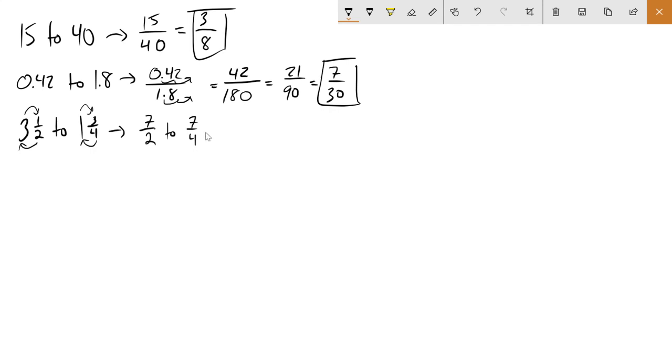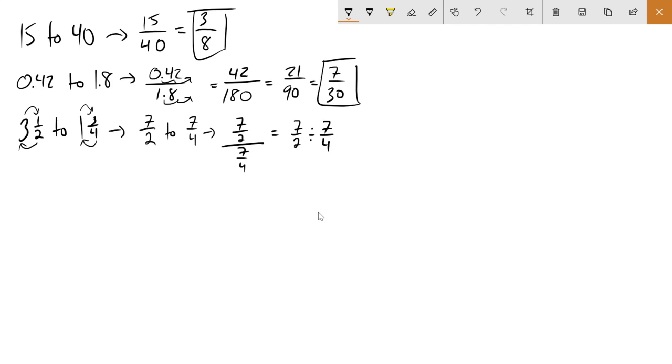And then you can still put it into a fraction. That's 7 halves over 7 fourths, but it creates a complex fraction. And what do we do with complex fractions? We don't actually leave them as complex fractions. We rewrite them as a division problem. So 7 halves over 7 fourths, that's the same as 7 halves divided by 7 fourths.